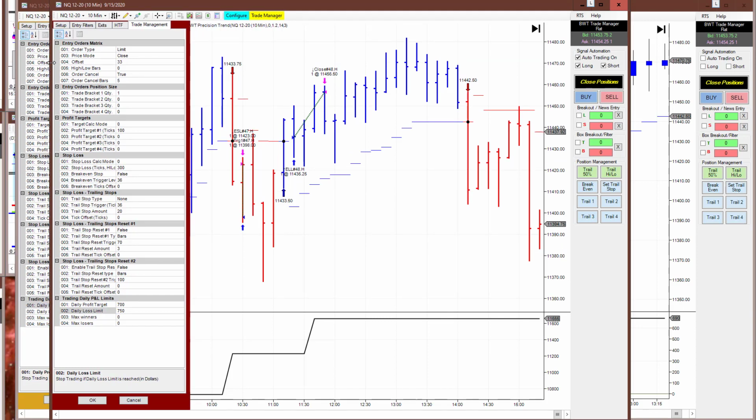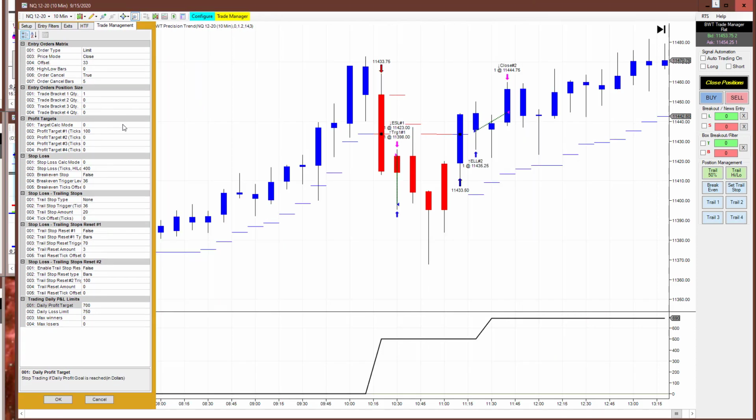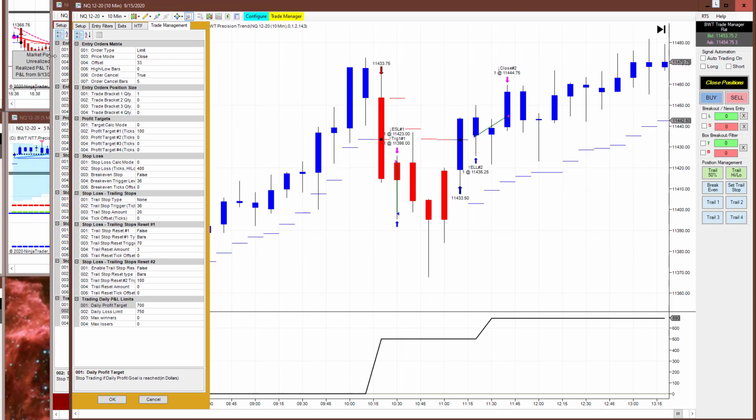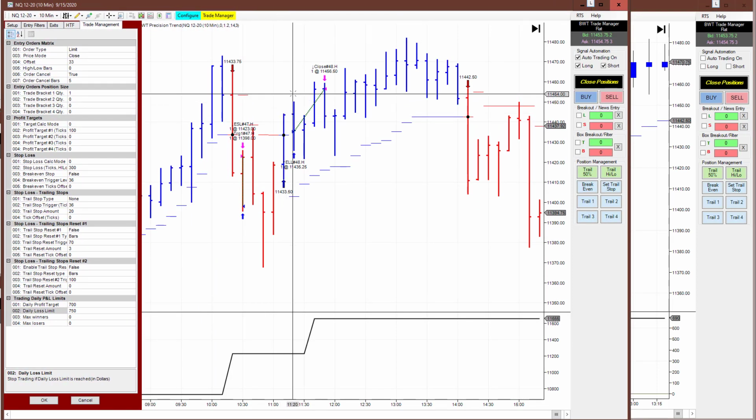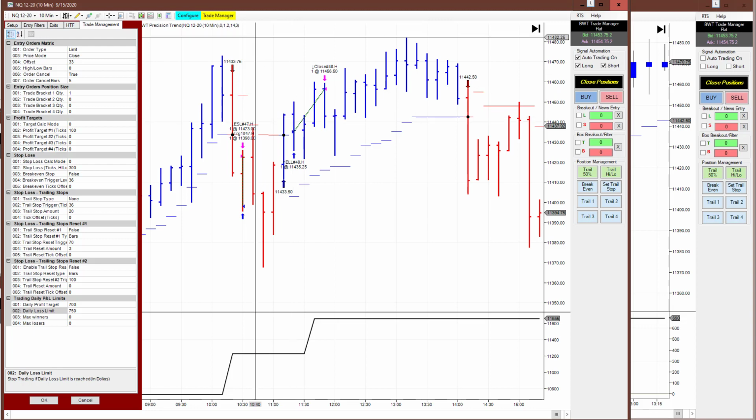So this other trade here got out earlier because it hit its daily goal and had some slippage. So indeed, in live trading, it's respecting the daily goal, whereas on the backtested chart, it is not accurately reflecting the daily goal.